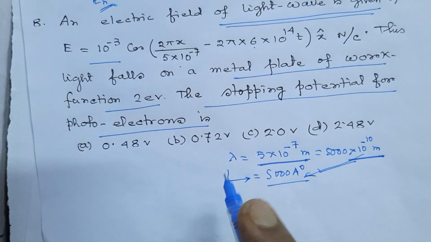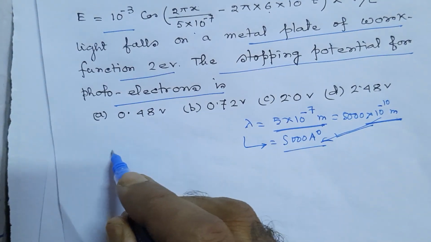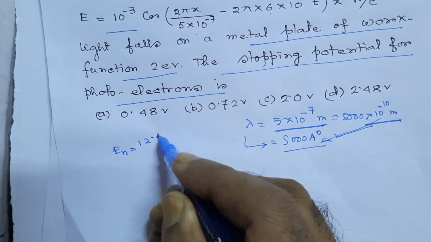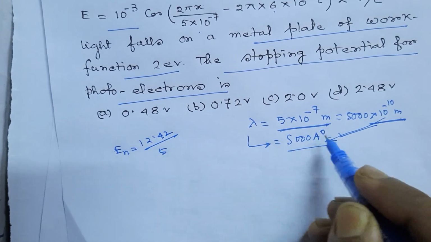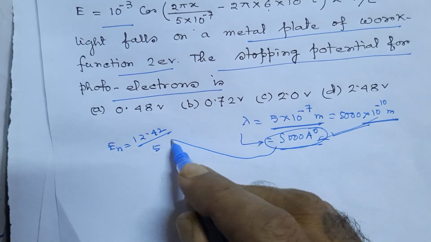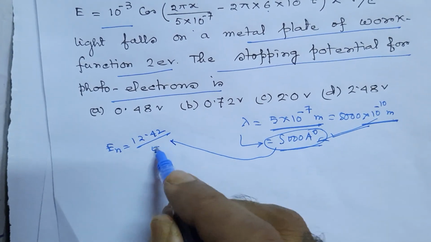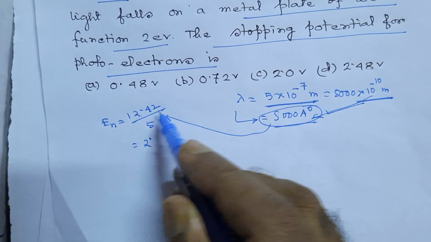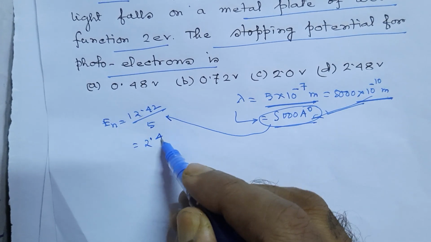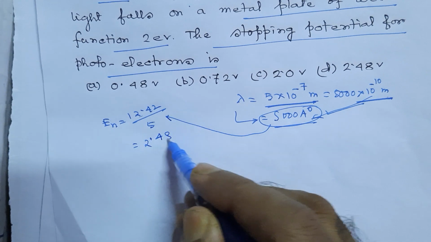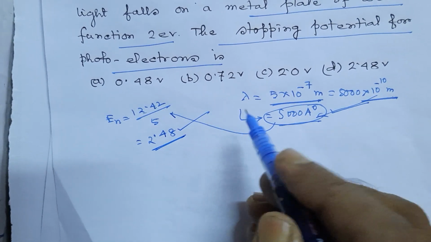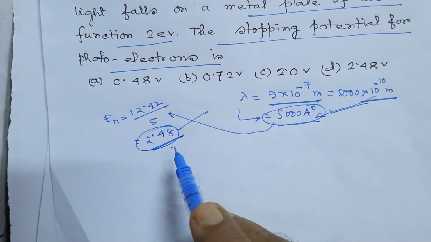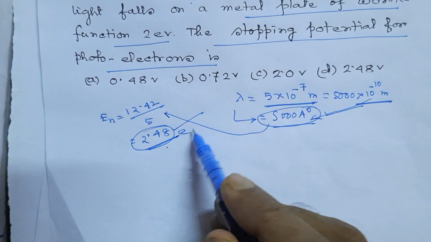So the corresponding energy of the photon En equals 12.42 by 5, because it is 5000 angstrom. We have to put only 5 here. That equals 2.484 nearly. So the total energy of the incident photon is 2.48 electron volt.